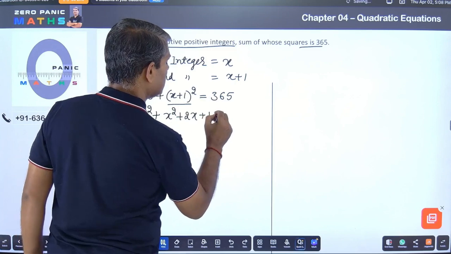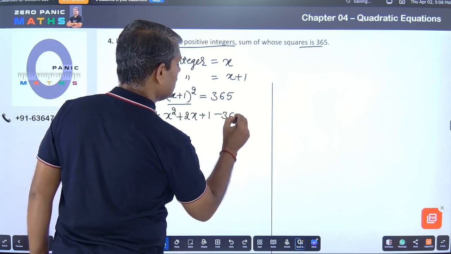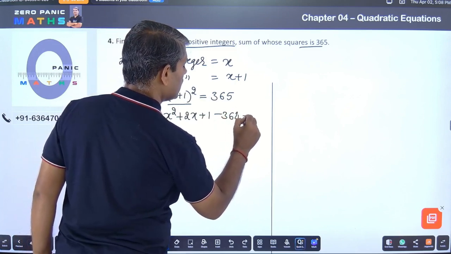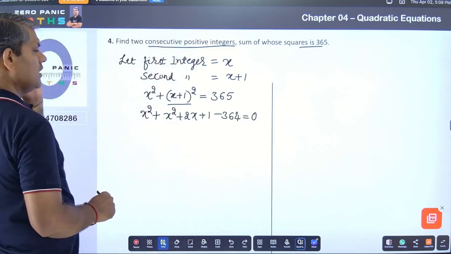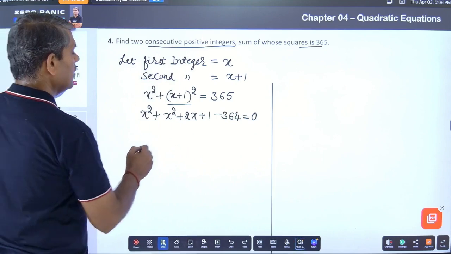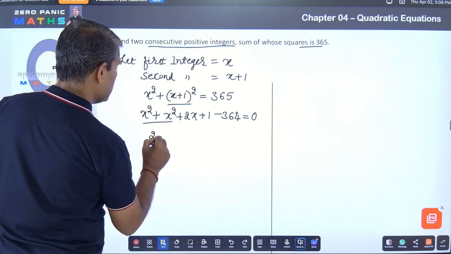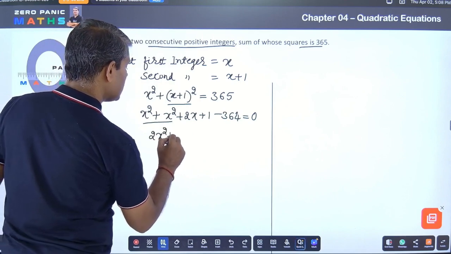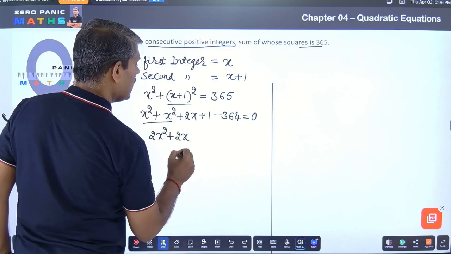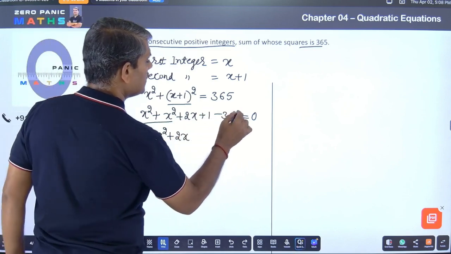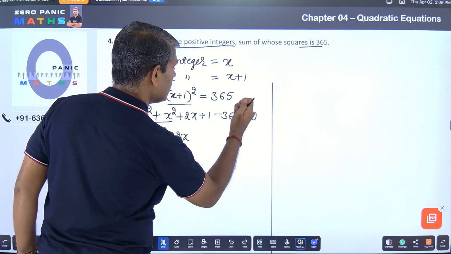Taking 365 to this side gives 364 equal to 0, right? So now we have 2x square plus 2x, and 1 minus 365, sorry, this is not 364, this is 365, right?